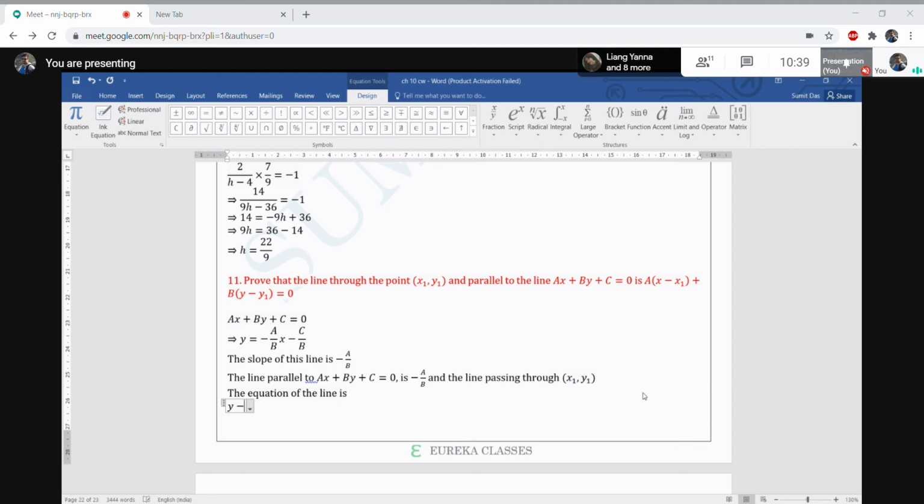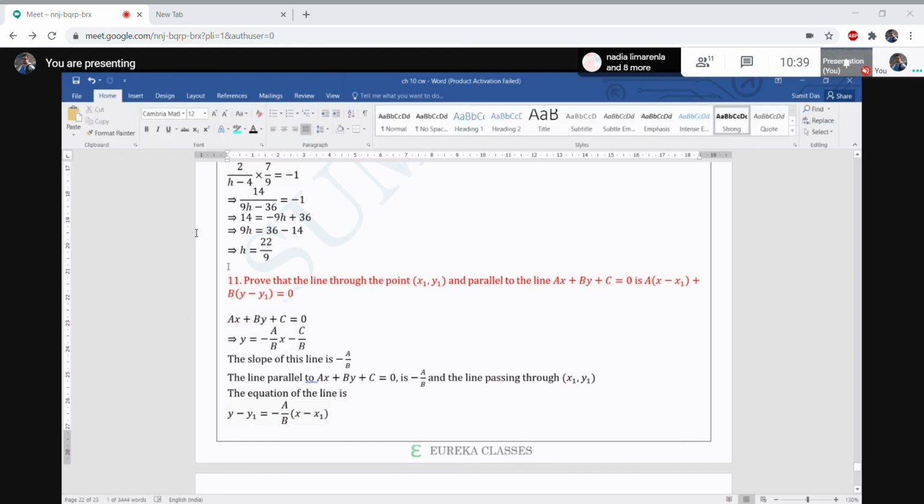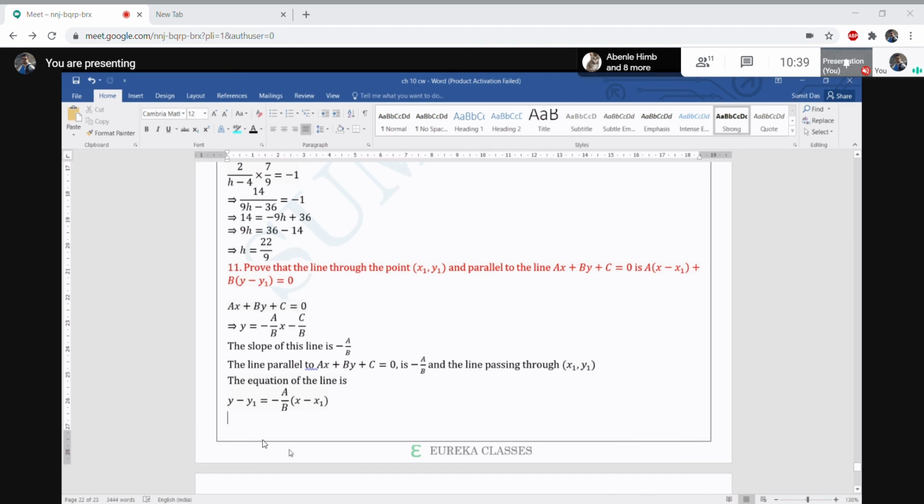Here y naught is y1 and x naught is x1. If you just cross multiply this one, b will multiply here, a will multiply here, you will get b times y minus y1 and minus a multiplied by this.